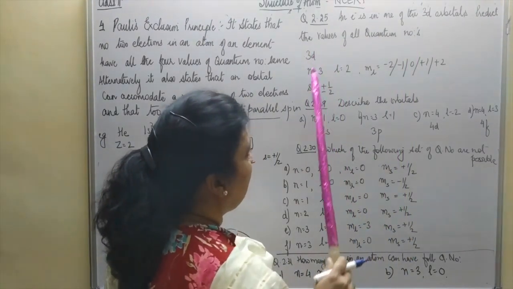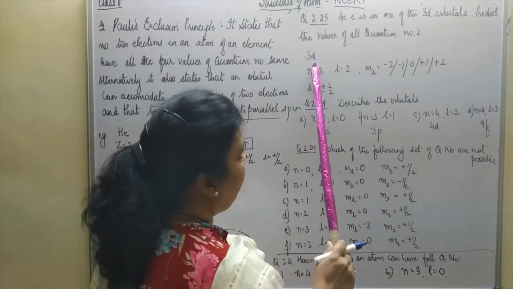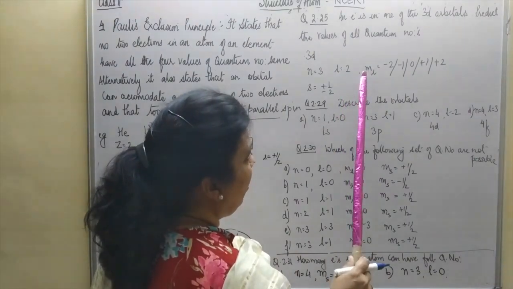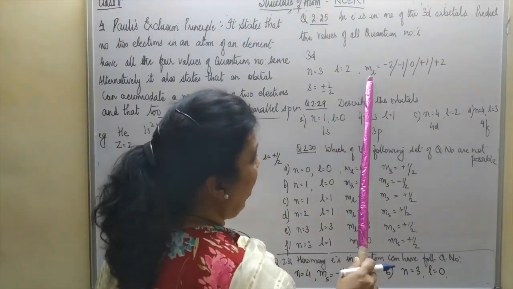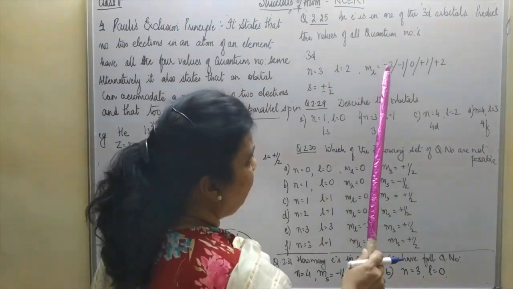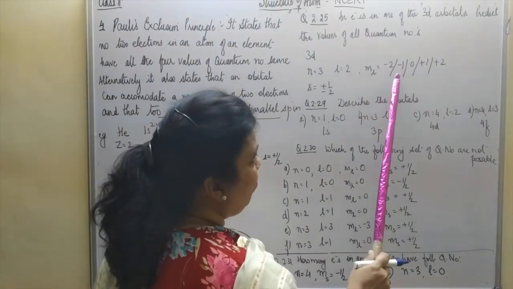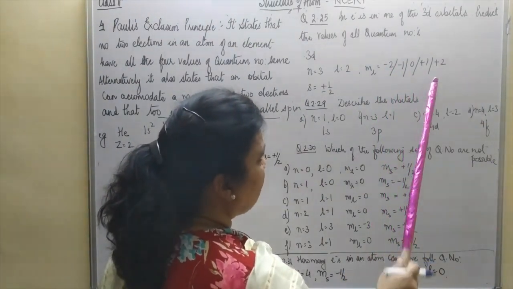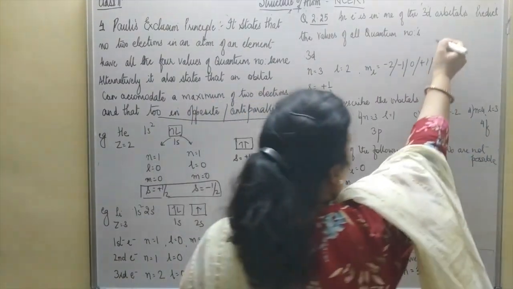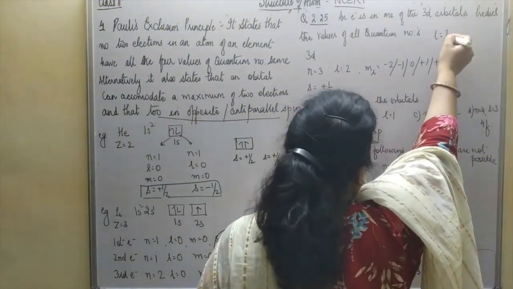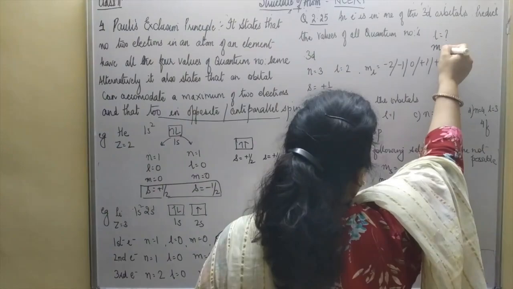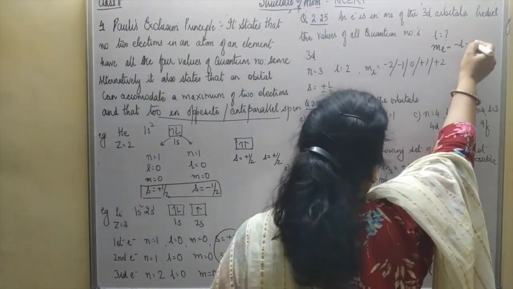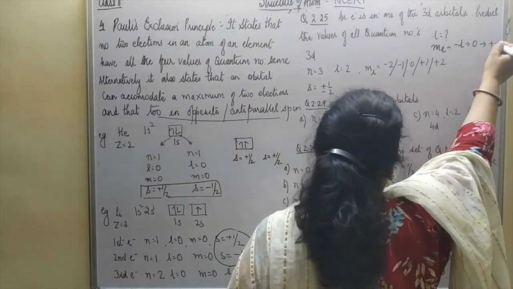If it is in 3d, n is 3, for d, l is 2. If l is 2, the magnetic quantum number may have either -2, -1, 0, +1, or +2, because we studied that for any l value, the value of m will range from -l to 0 to +l.